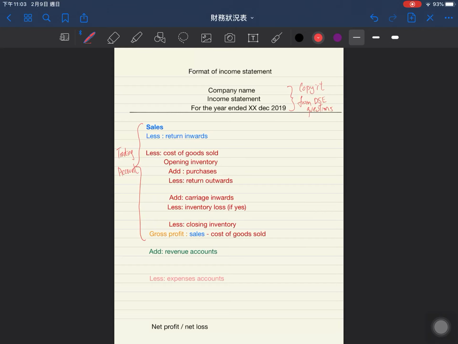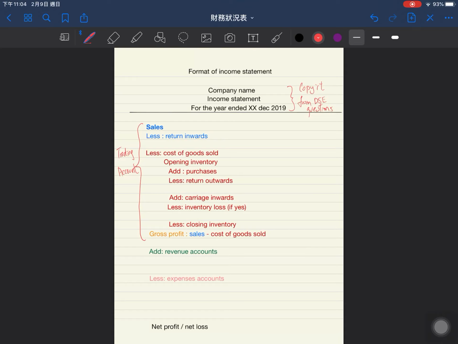And lastly, the cost of goods sold. For the cost of goods sold, we have opening inventory. Remember that if the question states the business has just opened, we don't have any opening inventory. Opening inventory will be zero.